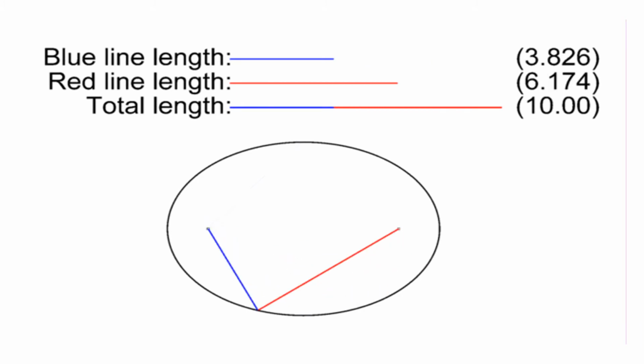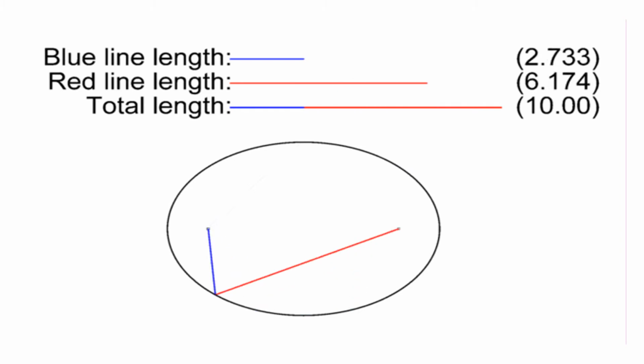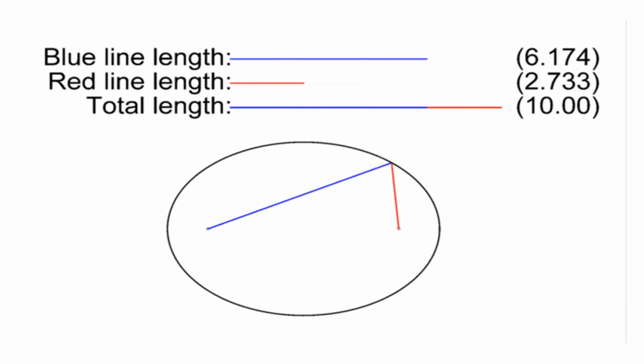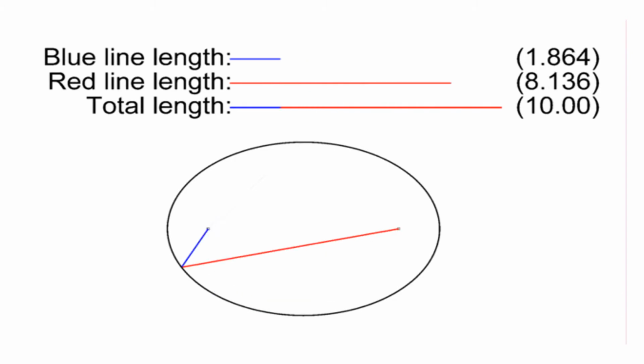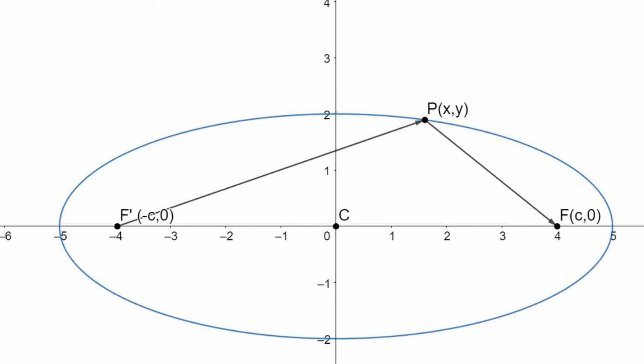Okay, so it says there that the sum of the lengths of these two segments is equal to the length of our major axis. So we have here the illustration. Suppose we have point F. We have here our foci, which are F prime and the point F, and our center is C, and any point on the ellipse, which is xy.